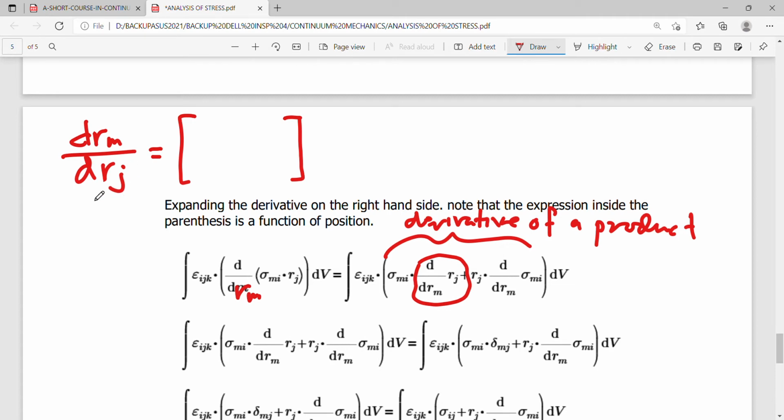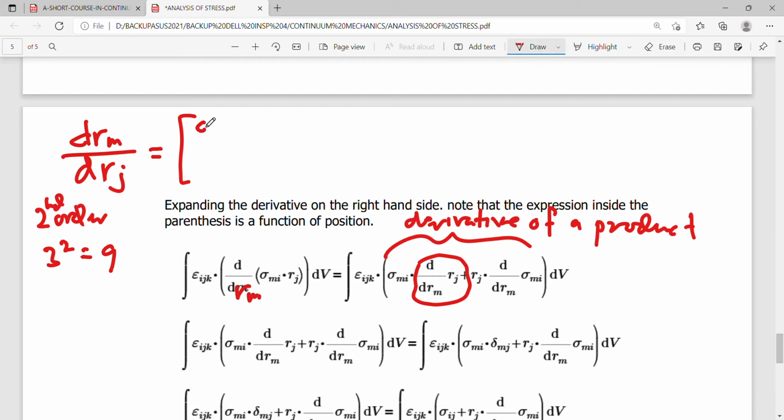So my free indices are m j, so I have a second order tensor. So my number of components will be 9. So I have now dr1/dr1, dr2/dr2, and dr3/dr3.